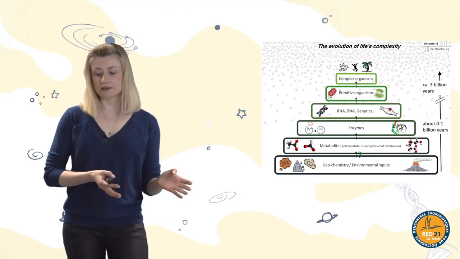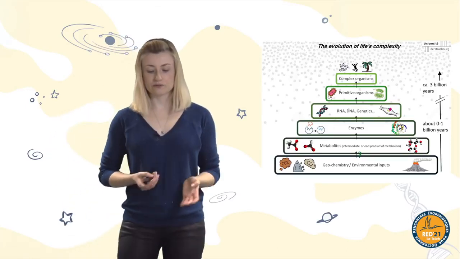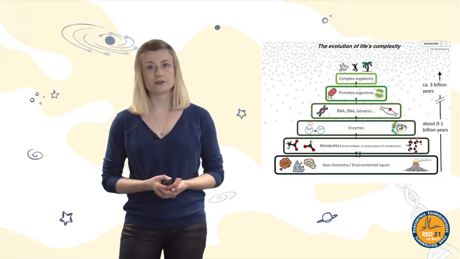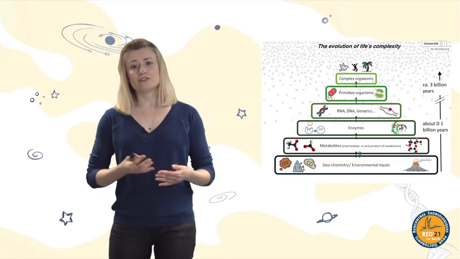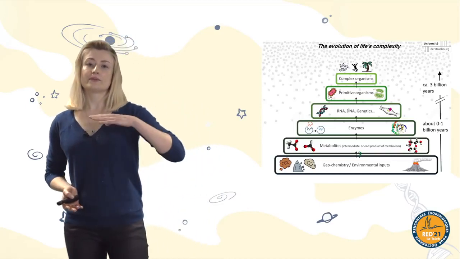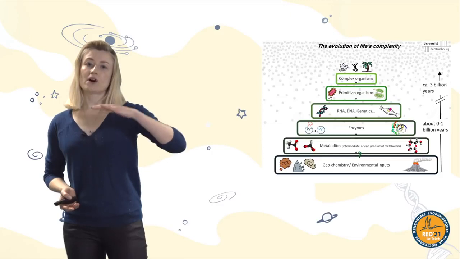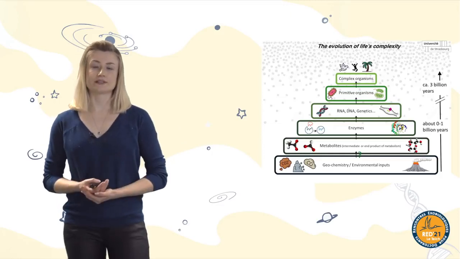The opposite hypothesis is called metabolism first. The metabolism first hypothesis follows the hierarchy from the bottom of the pyramid to the top, so it follows the order of complexity.